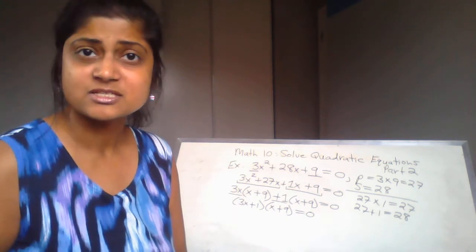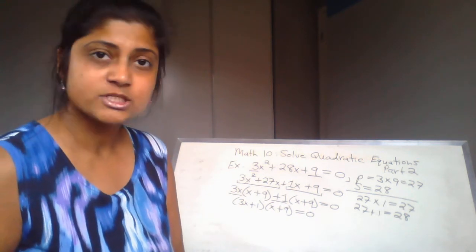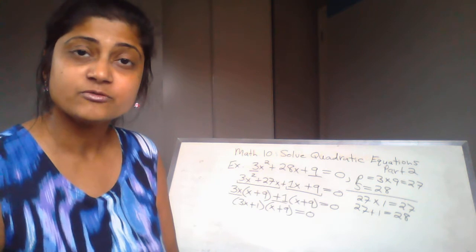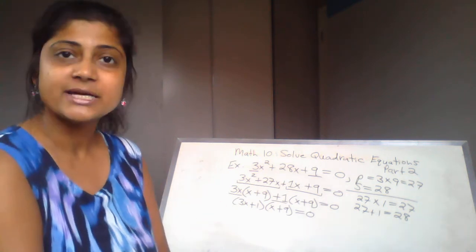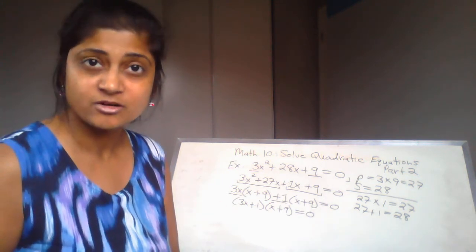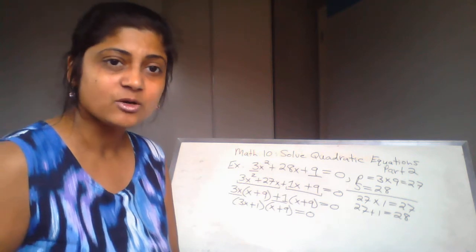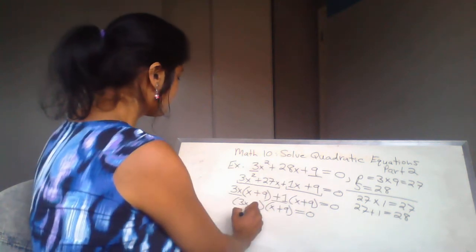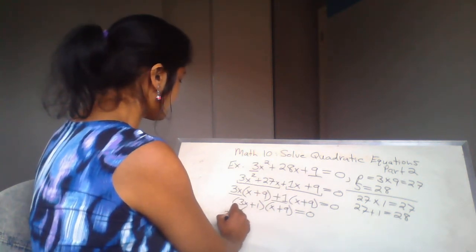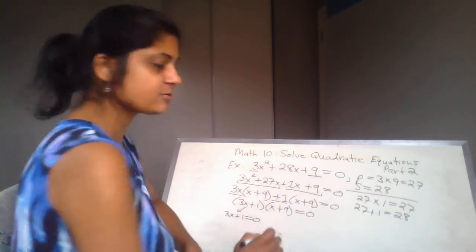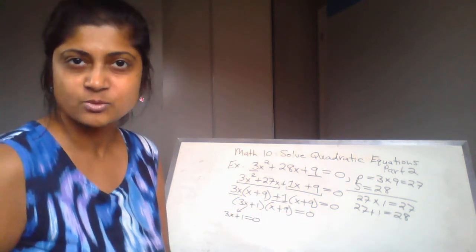The question just says to solve. When the question says to solve, I actually have to solve for the x-intercepts. I can't leave my answer like this. The teacher will take off marks. So we're making each factor equal to 0. So 3x plus 1 equals 0. Again, I don't need to show my work for this.